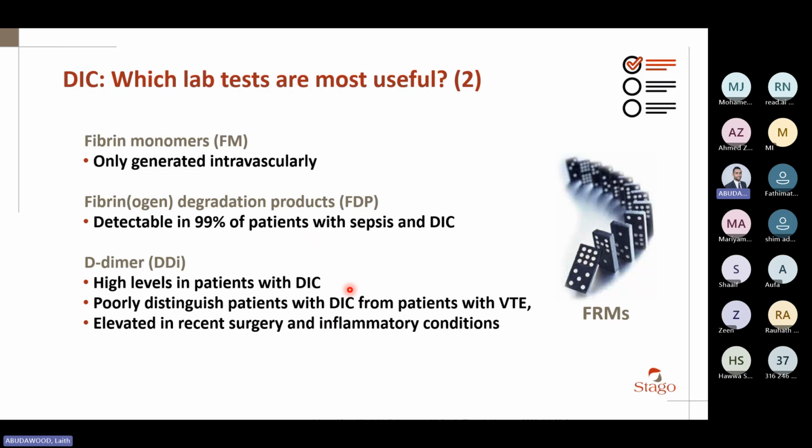There is not that much research available as of now. However, for fibrin and fibrinogen degradation products, the FDP assay, we can detect FDP presence in the majority of sepsis or DIC patients. So when we see FDP, you may or may not have sepsis or DIC. We have to verify that. D-dimer, we discussed D-dimer already. Okay, so we will not go over D-dimer again.